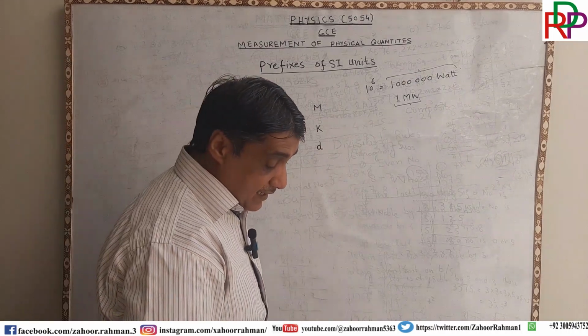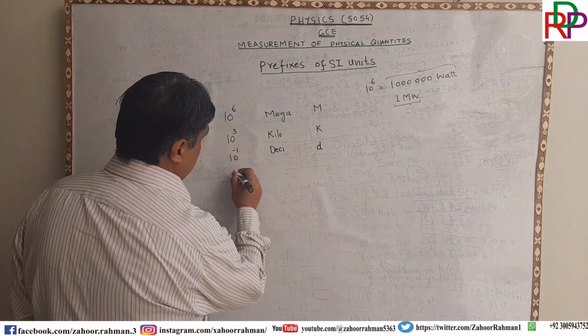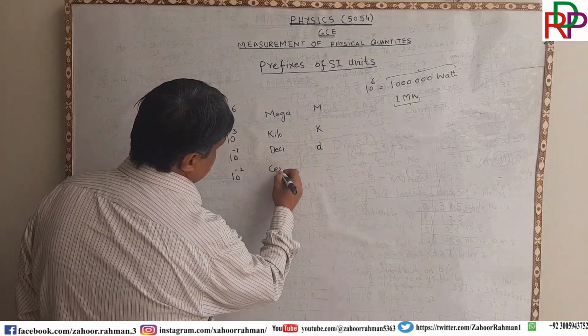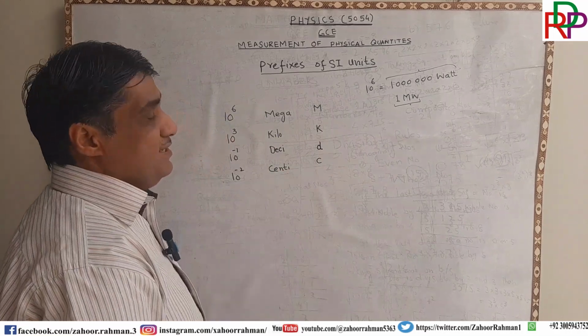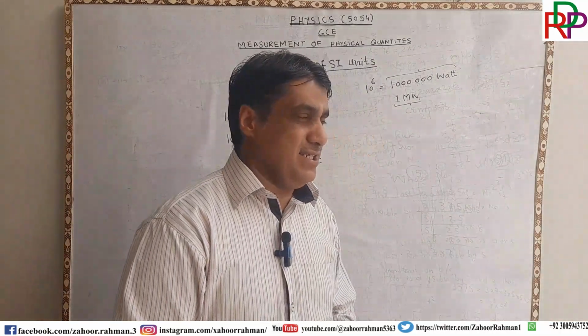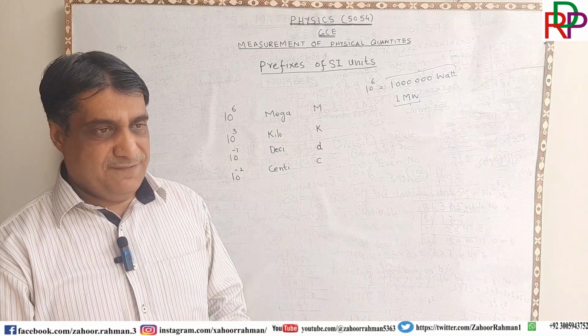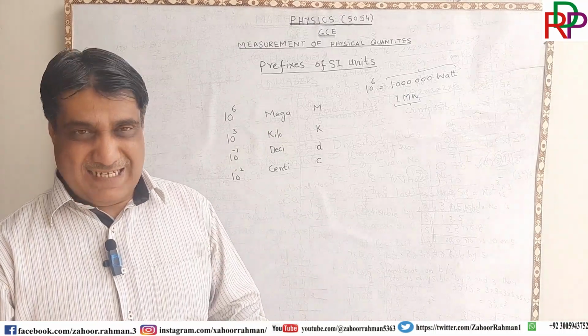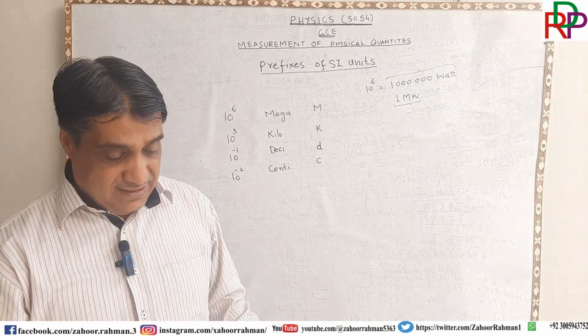Similarly, we have centi, 10 raised to the power minus 2, and it is denoted by a small c. Ladies and gentlemen, you are familiar with the fact that we use centimeter very commonly in length.